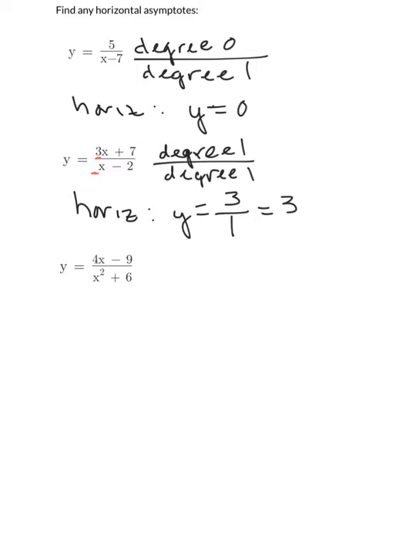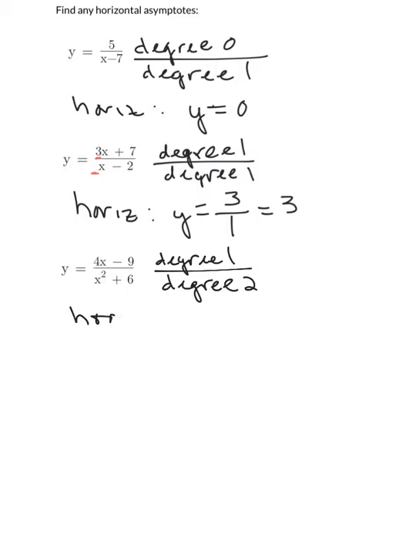On this next example, the numerator is degree 1, and the denominator is degree 2. So, because the numerator is less than the denominator, your horizontal is automatically y equals 0.